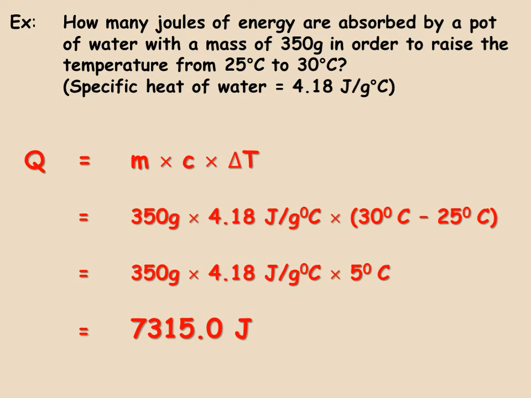Okay, why did the units become only joules when there are other things like grams and degrees Celsius? Because you know that in mass grams and in temperature degrees Celsius both get cancelled with the units mentioned in specific heat. So finally you end up with only joules, right? Okay children? Yes.